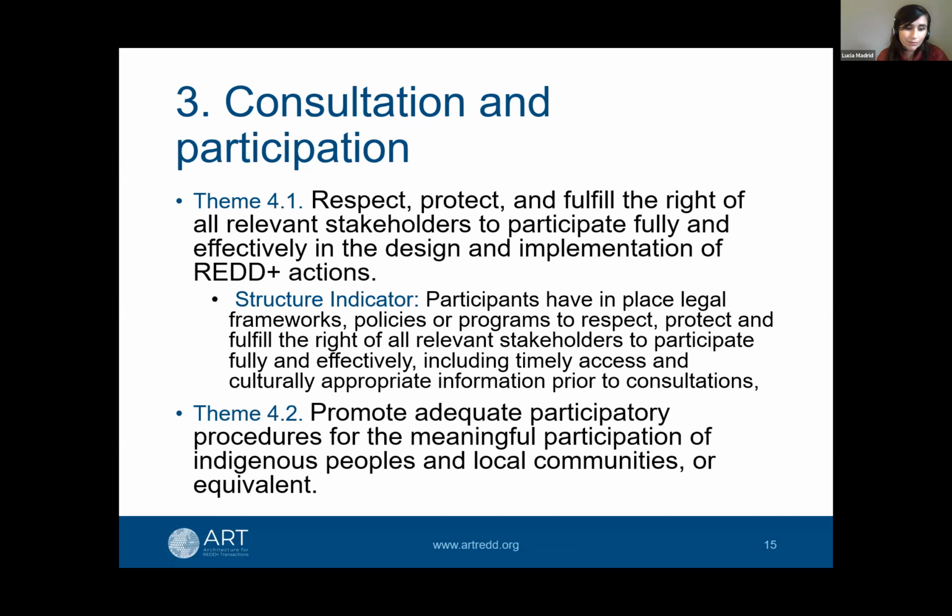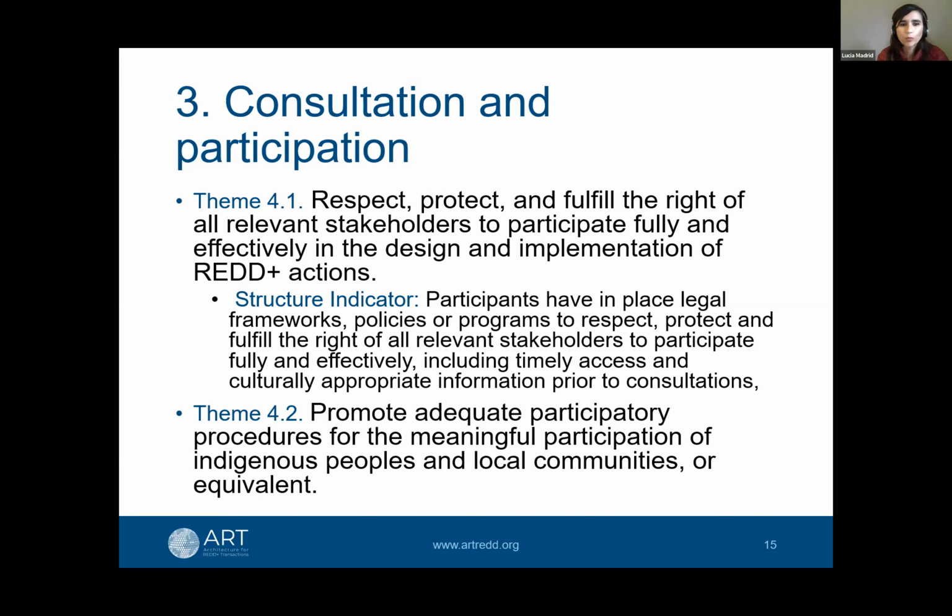As part of this theme, I would like to underline that the structure indicator indicates that part of this is to provide timely access and culturally appropriate information prior to consultations, among other elements explained in each of the indicators. As theme 4.1 is related to all relevant stakeholders and not only to Indigenous peoples and local communities, TREES included an additional theme to exclusively address their participation.